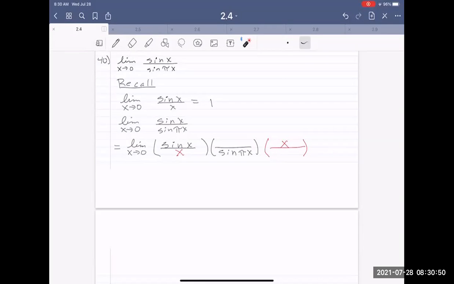Now, I had here the sine of something over the same thing. What if I wrote this as pi x and pi x? Now I've done nothing here. All I've done is multiply and divide by pi x. And so I've done nothing here or here, except to rewrite things so that it'll make my life easier.